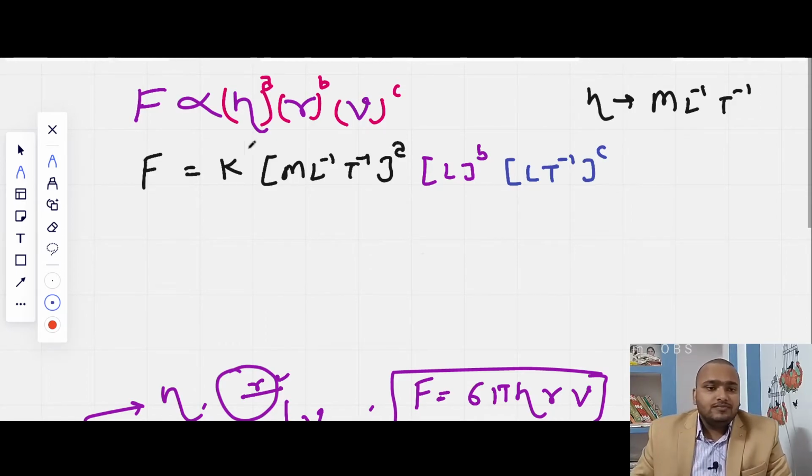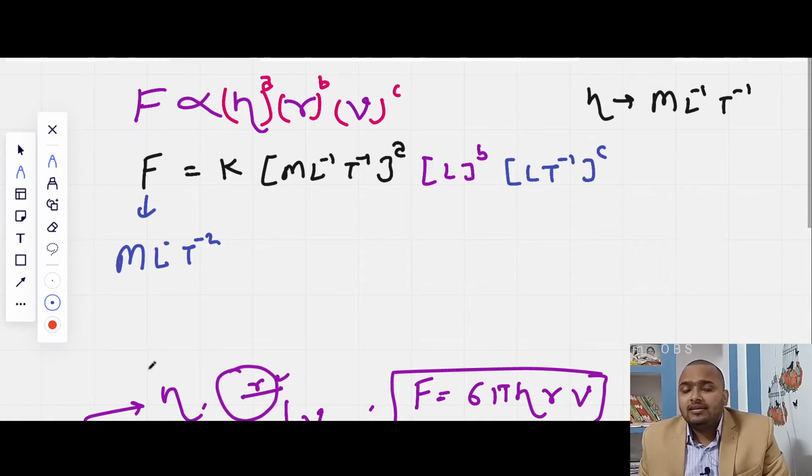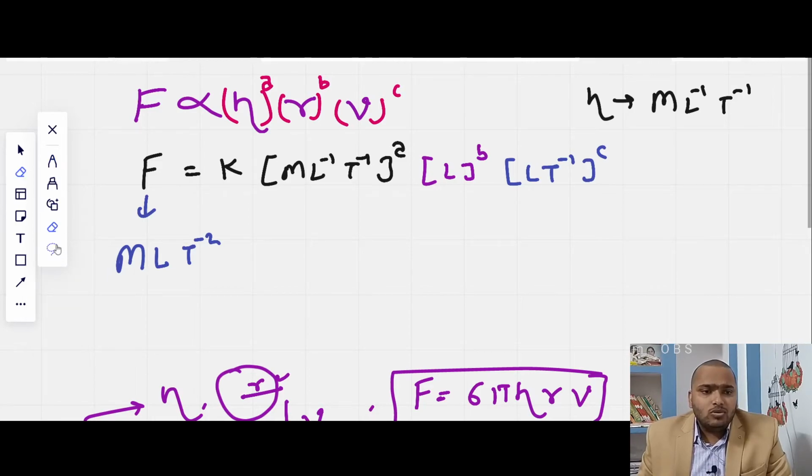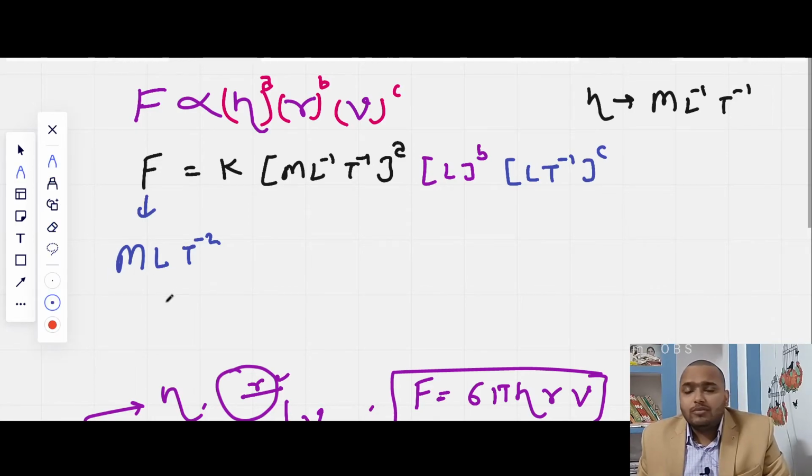Now the dimensional formula of force is M L T^-2, mass into acceleration. For mass, capital M; for acceleration, L T^-2, because the unit of acceleration is meter per second square.